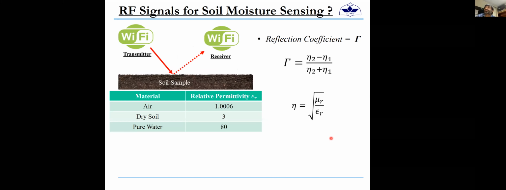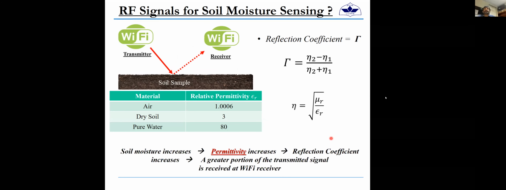So this is just the expression that we have seen on the previous slides. So now what we have to do? What will happen? As soil moisture increases, this permittivity value will increase because dry soil has a permittivity of 3 and pure water has a permittivity of 80.